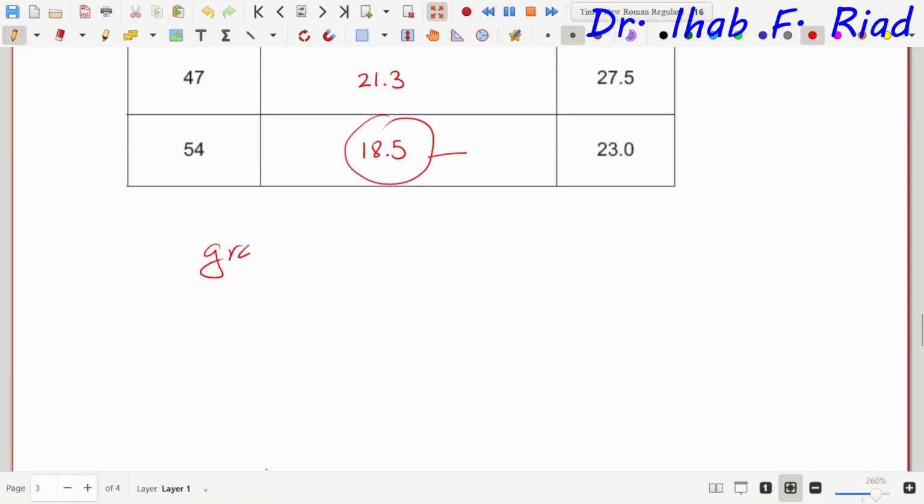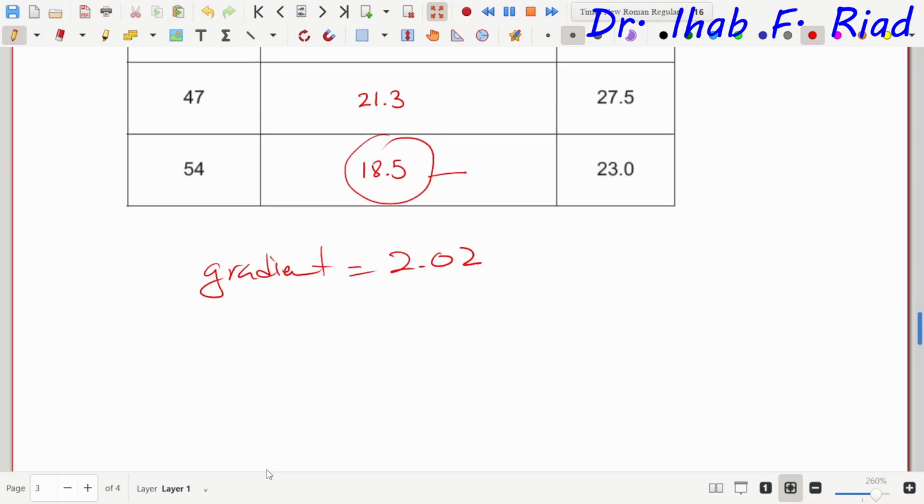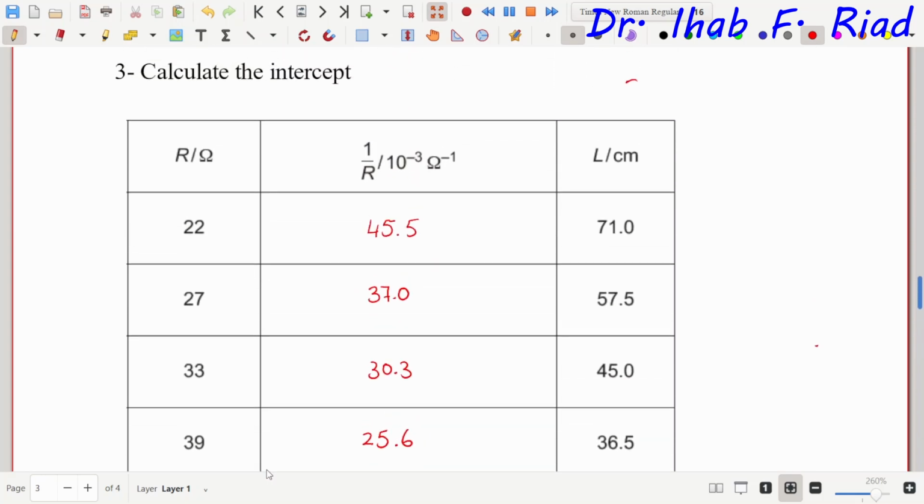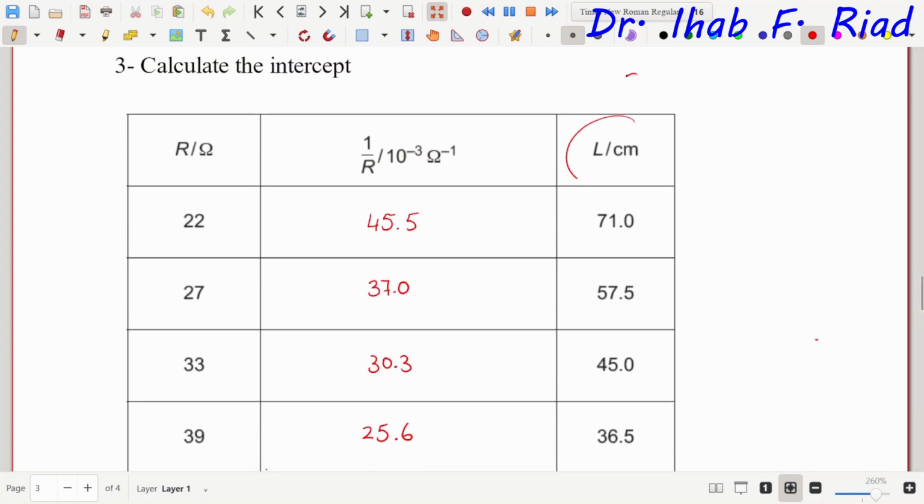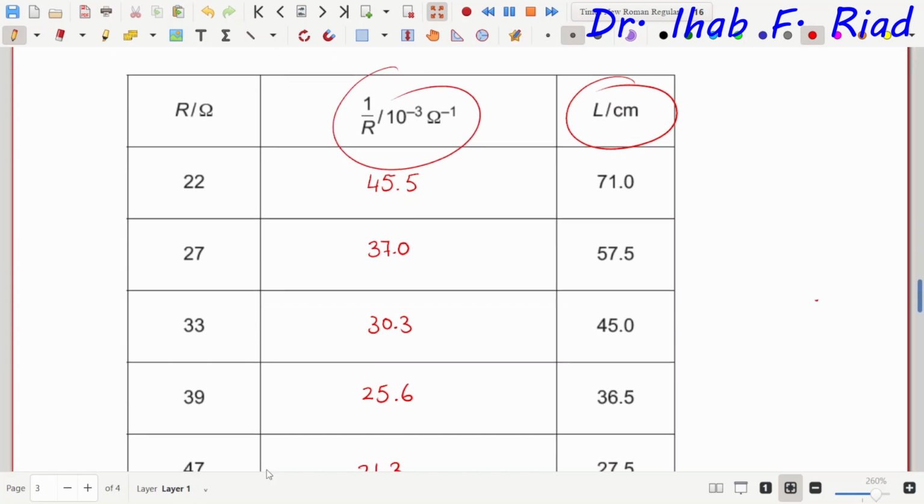Gradient 2.02. What is the unit for the gradient? It is the unit of the y-axis divided by the unit of the x-axis.